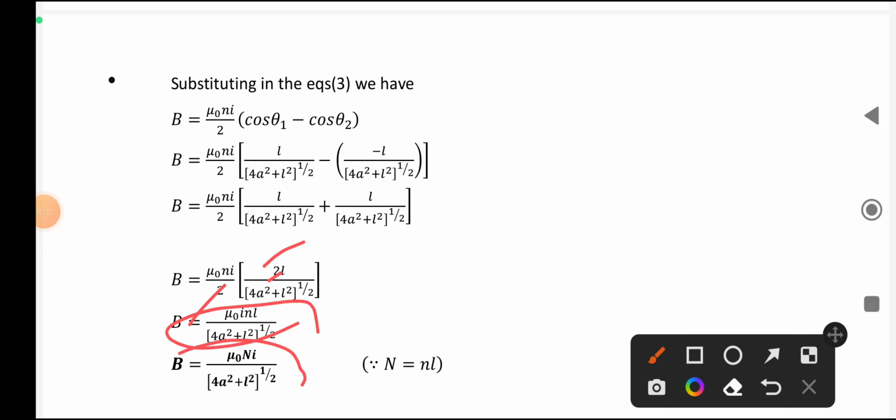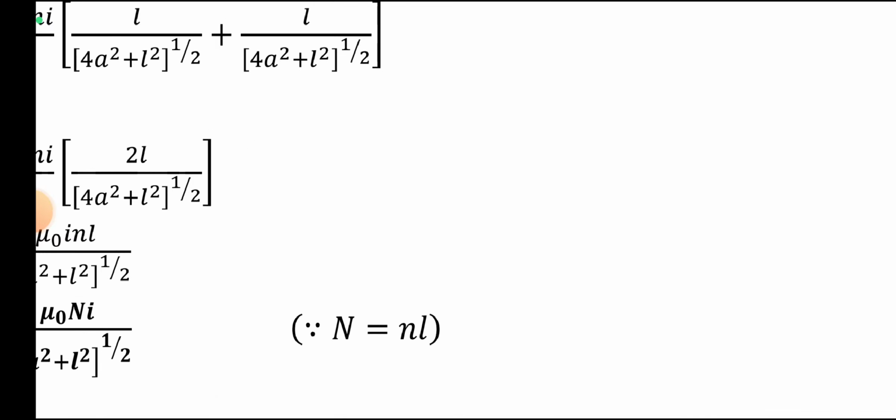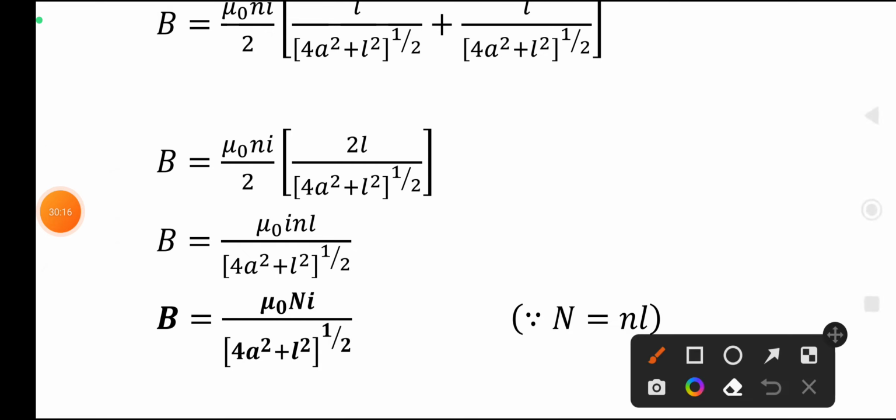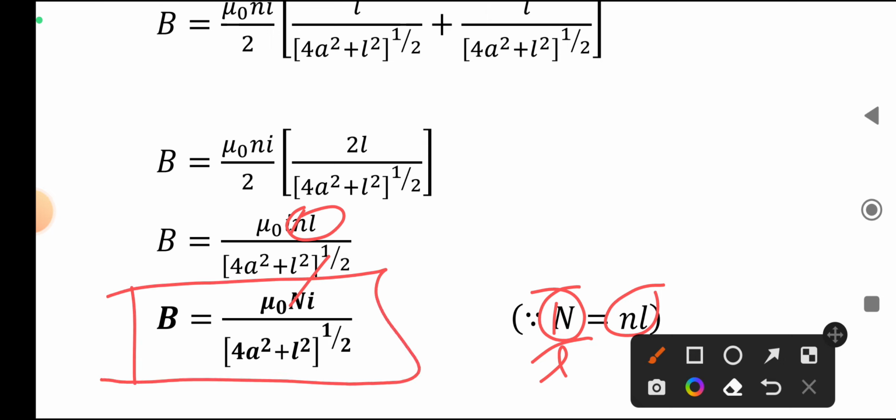This is the final answer. Here small n is replaced, small n is capital N by L, or nL is equal to capital N, so this is the final answer.